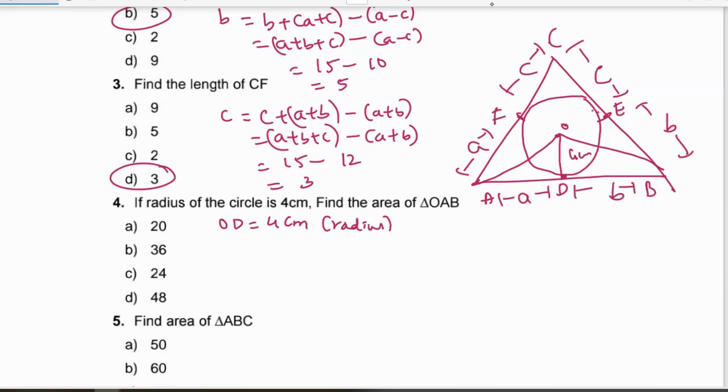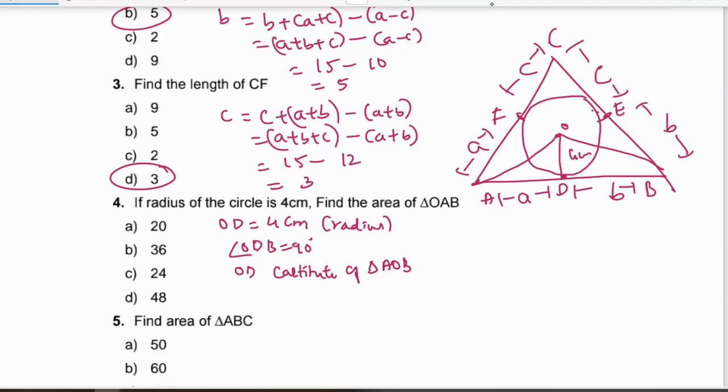Now, since the side AB touches the circle at the point D, the angle will be how much? The angle ODB will be 90 degrees. And OD is the altitude of triangle AOB.